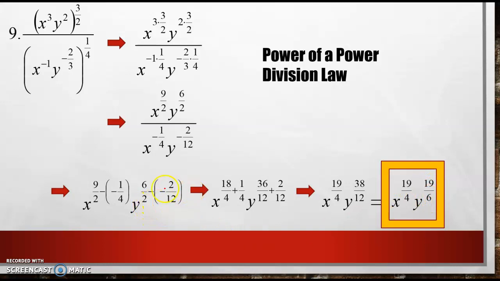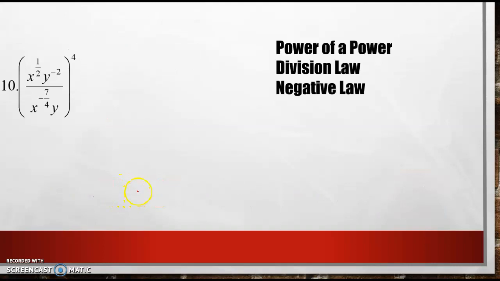Okay, so if you are having a hard time with this part here, you can visit the video for you to understand this part. Number 10, last example. Okay, so here I'm using power of a power, division law, and negative law. So why is it power of a power? I multiply the exponents with 4.